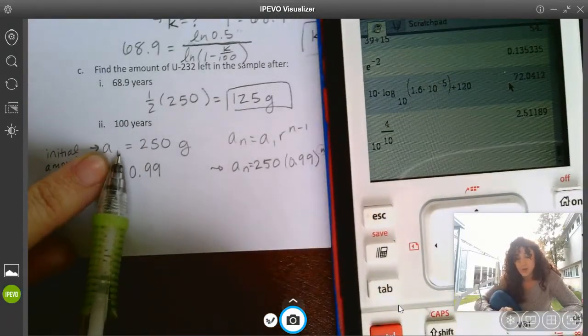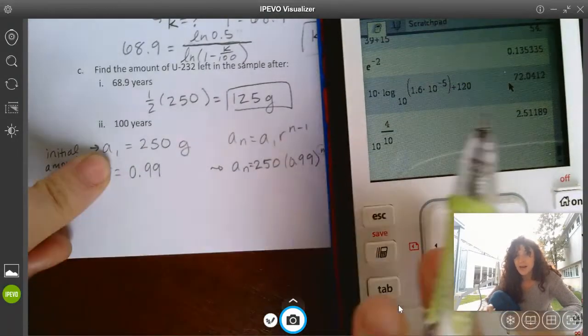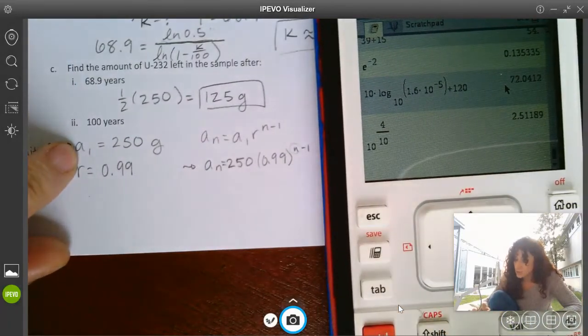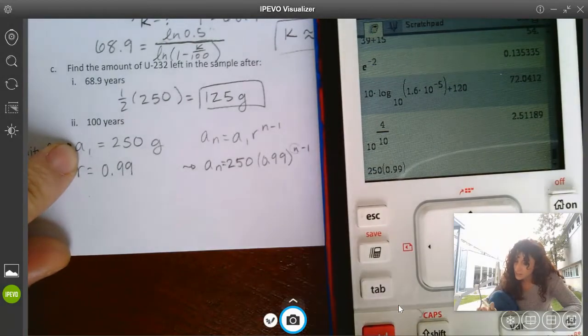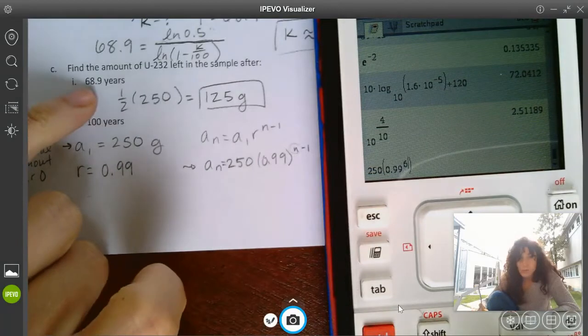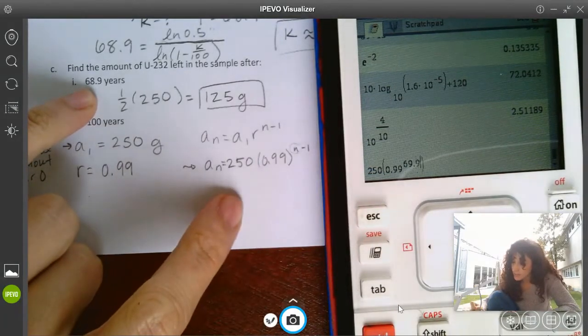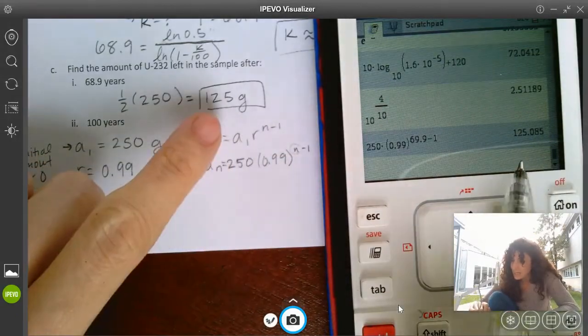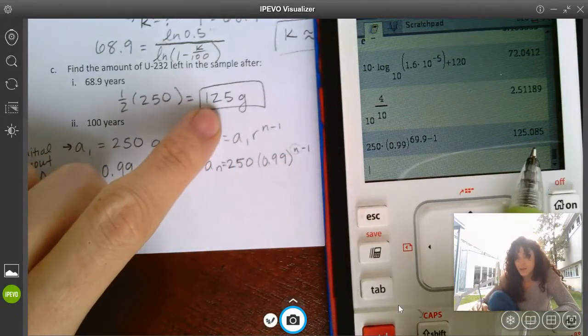If it was 3 years later, you would do 1 plus 3. So 68.9 years later would be 69.9. So if we do 250 times 0.99 to the 69.9 minus 1, as if that's how the formula works, we get 3 sig figs 125.